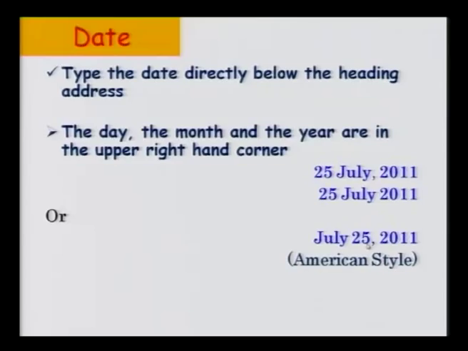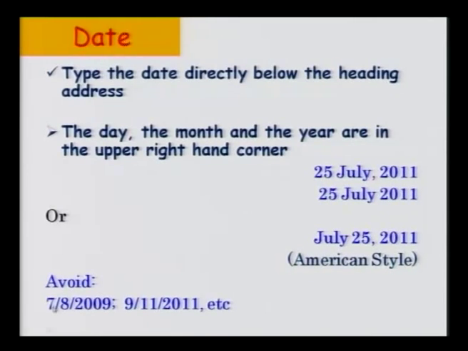Generally a comma is used to avoid any kind of confusion. Now, while all these three formats or ways of writing the date are universally acceptable, it is better to avoid certain ways of writing the date.